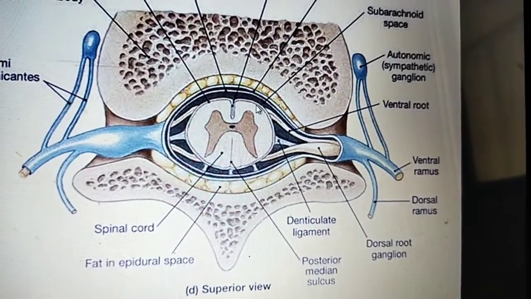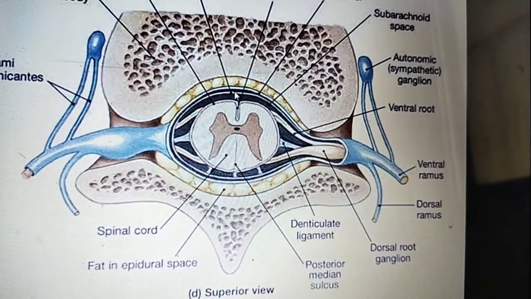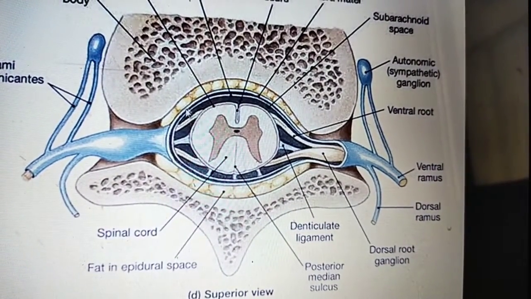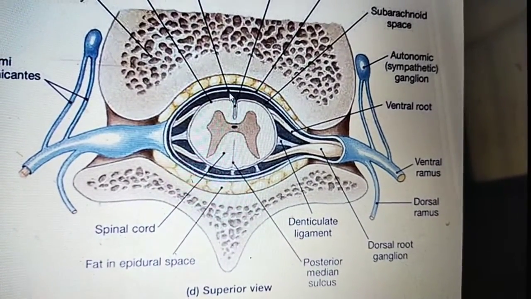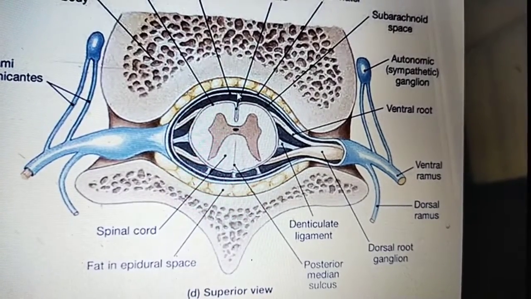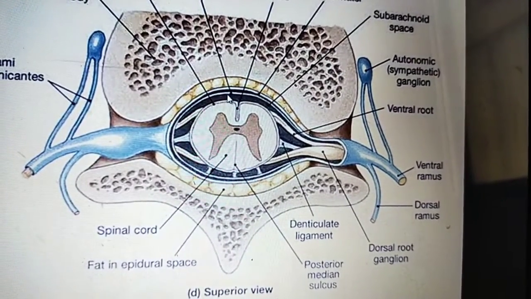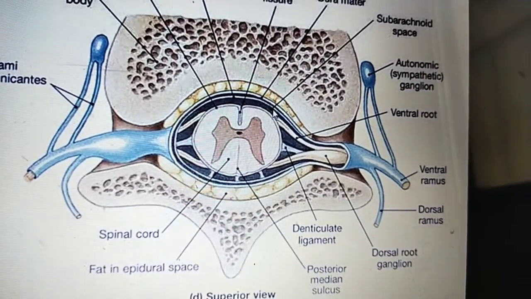Just above the white matter there is the pia mater, and the pia mater is covered by another layer, the middle layer. That layer is called the arachnoid mater. In between the pia mater and arachnoid mater, that space is called the subarachnoid space.